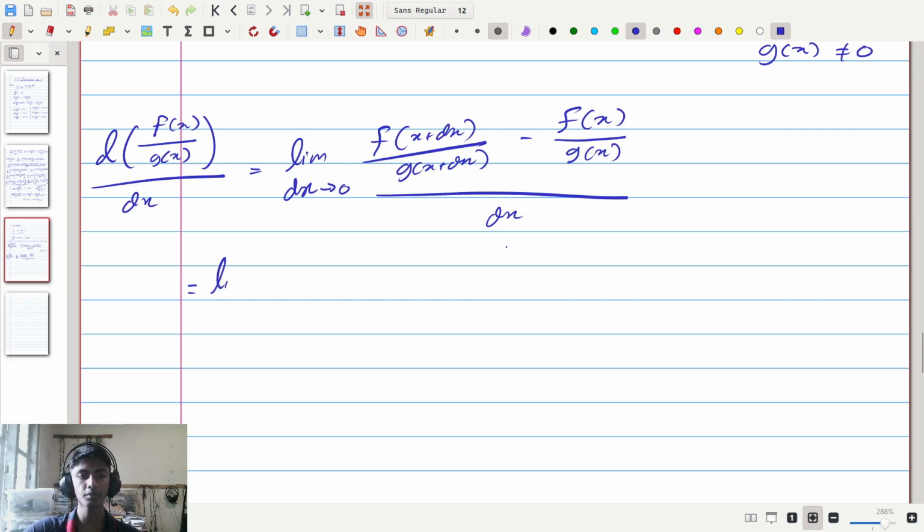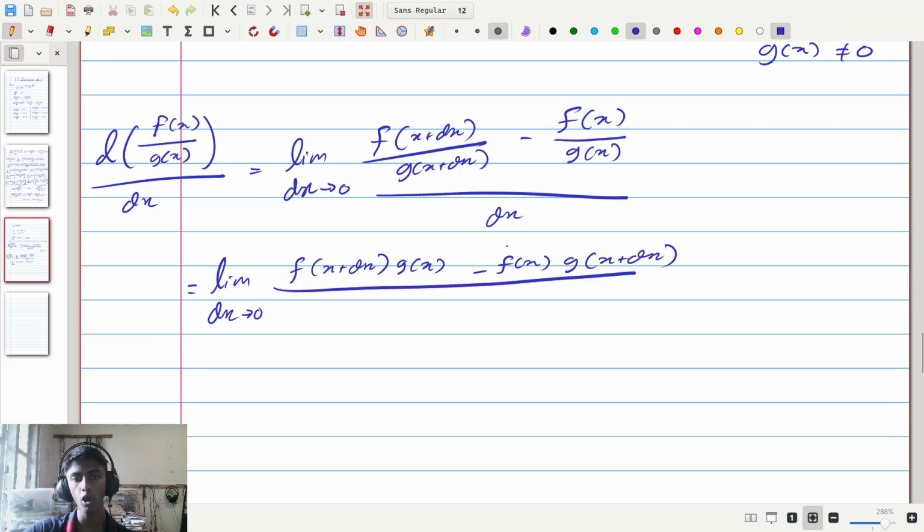This is going to be the limit as dx approaches 0 of, taking the common denominator, f of x plus dx times g(x), and then over here we have minus f(x) times g of x plus dx, all divided by the common denominator of g of x times g of x plus dx, and over here we have another divide by dx, so we'll take that into the common denominator as well. Taking that up into the common denominator, we have dx times g(x) times g of x plus dx.